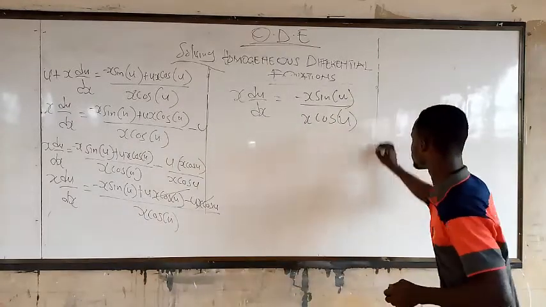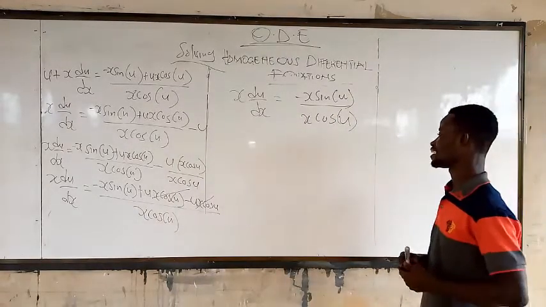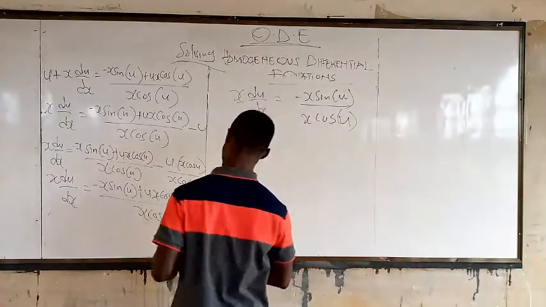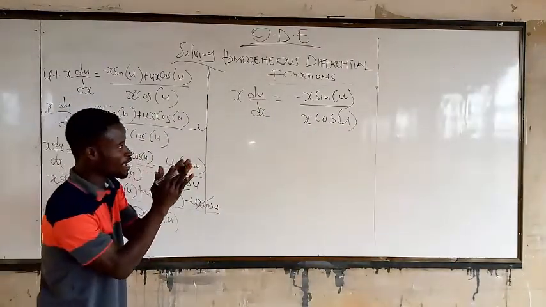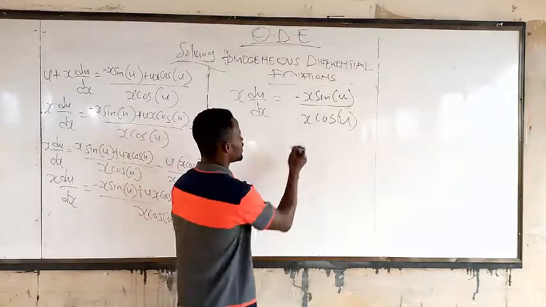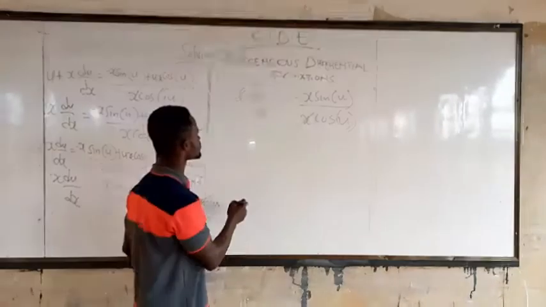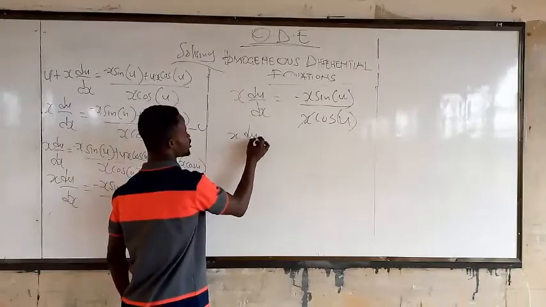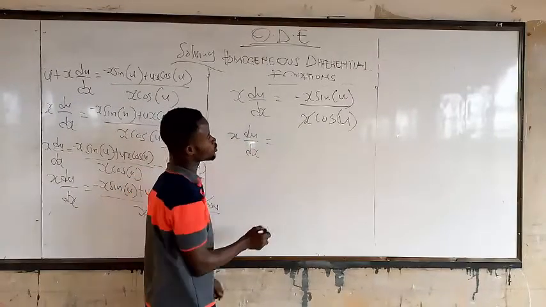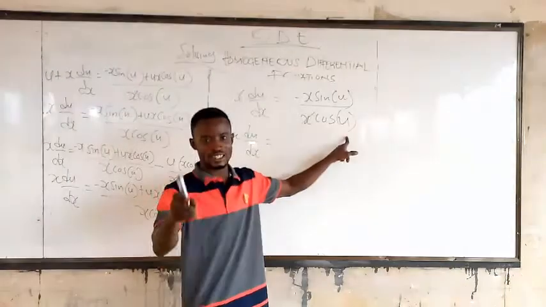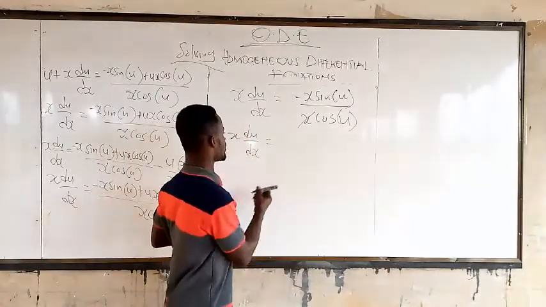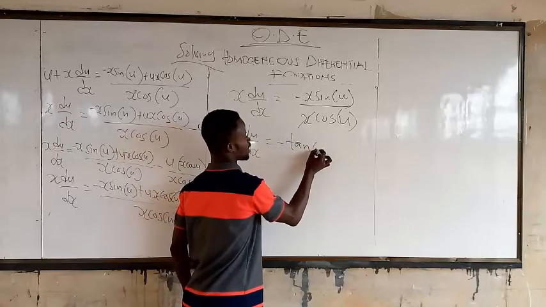Very good. It's no more pointless, because we have now simplified it. And we can still simplify this. This can cancel out. So we get x du/dx is equal to, and now we also know that sin u over cos u is what? tan u. So negative tan u.